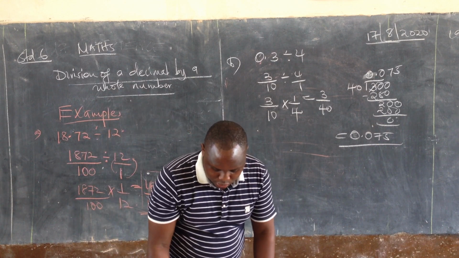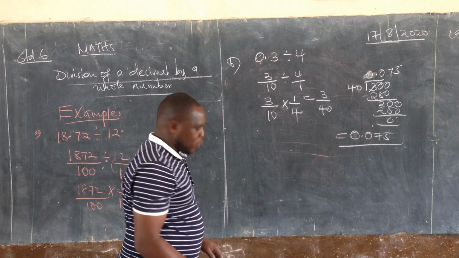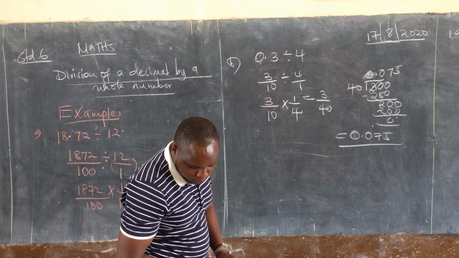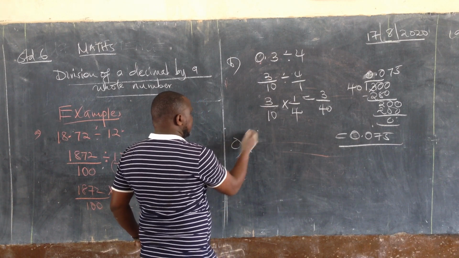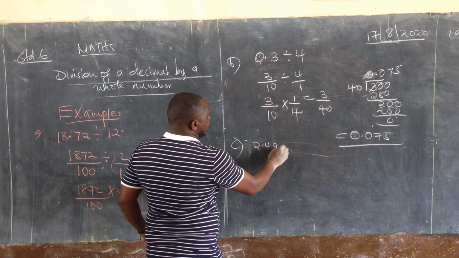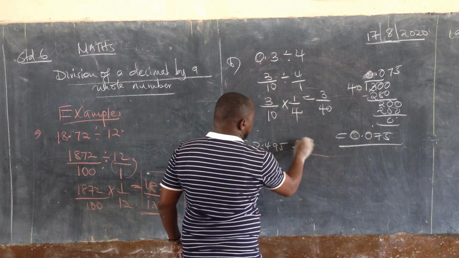Let me give you other 2 examples. We have example C, 2.495 that is to be divided by 5.